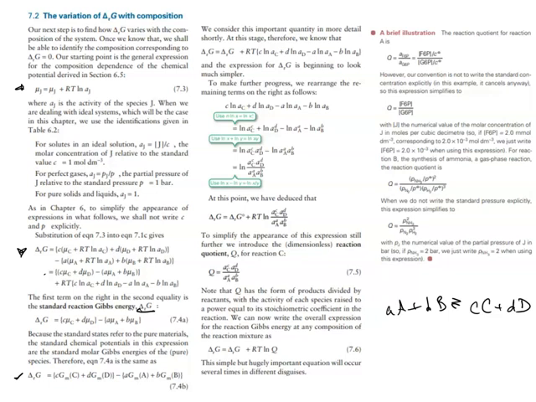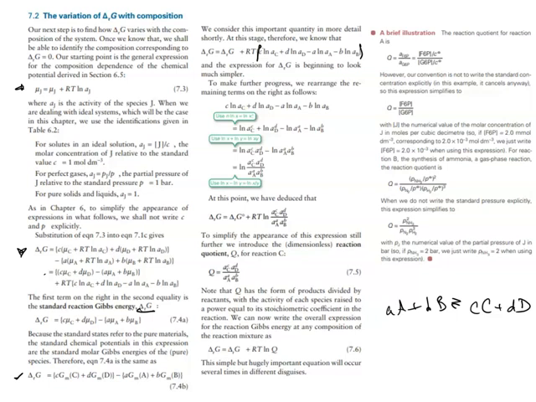At this stage, therefore, we know that delta GR equals delta GR° plus RT times the expression highlighted here. And the expression for delta GR is beginning to look much simpler.